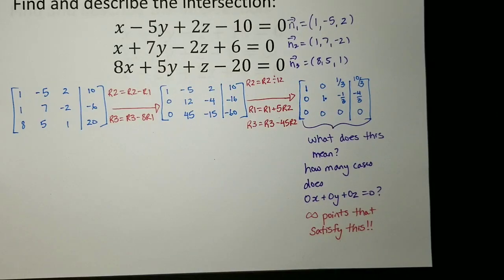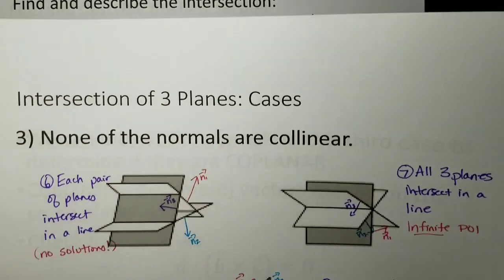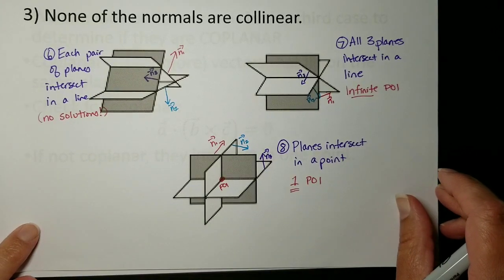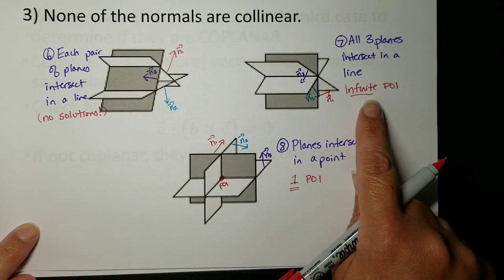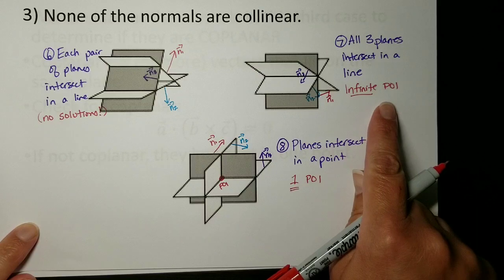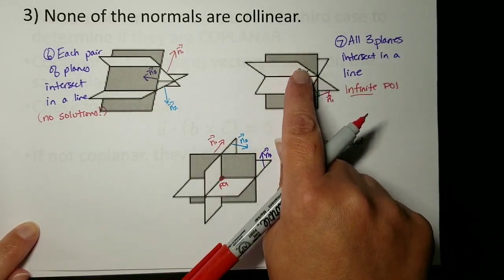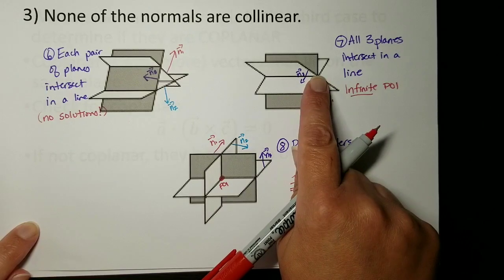So which of those cases from that group 3 where we didn't have collinear normals had infinite points of intersection? It's going to be this one. There's an infinite number of possible intersection points because these 3 planes intersect in a line.